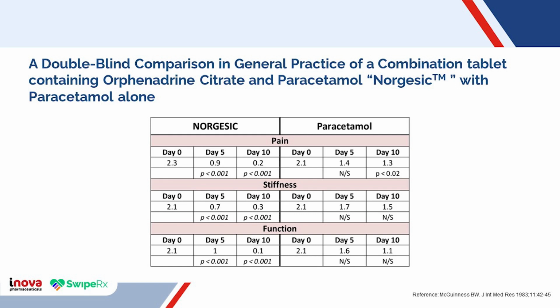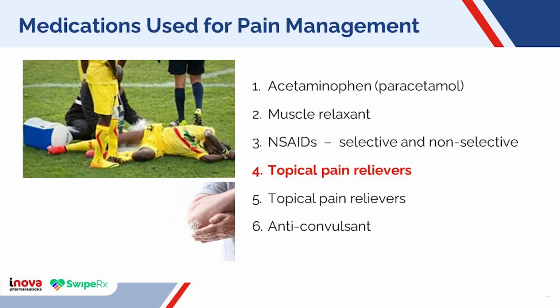All right, next. So before we go to the next one, there's topical pain relief. I just want to say that among musculoskeletal or muscle relaxant medications, Norgesic appears to be a safe option, and it uses the co-analgesic effect where the patient doesn't have to take paracetamol and another drug like orphenadrine citrate 35 mg.